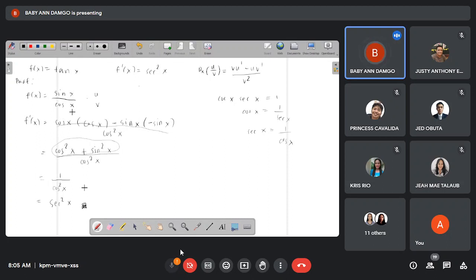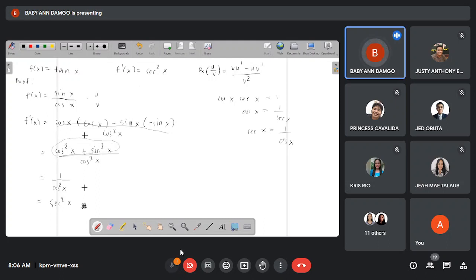So, your v here is cosine x, and then u prime, the derivative of sine x, is cosine x, minus u, which is equal to sine x, times kani, the derivative of cosine x, which is minus sine x, all over cosine squared x.